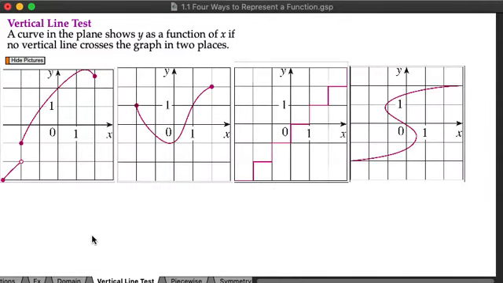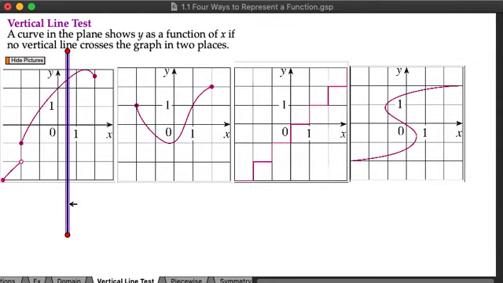Let me take a vertical line and run it through. I'm going to use this left graph here. The vertical line represents one input value.